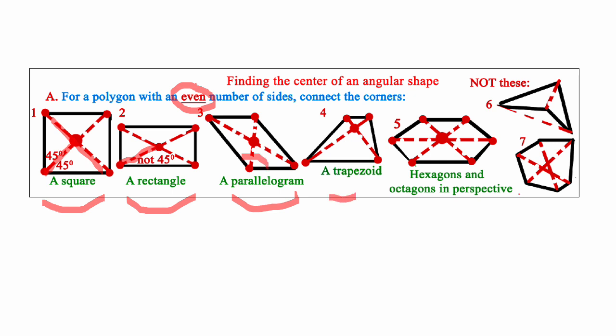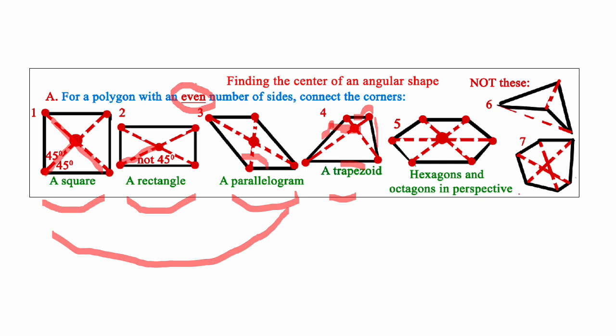And a trapezoid has only one pair of parallel sides, and the other two usually converge, and the diagonals meet more toward the short end than the long end of the trapezoid. That's different from these, where the diagonals meet at the center of the shape.